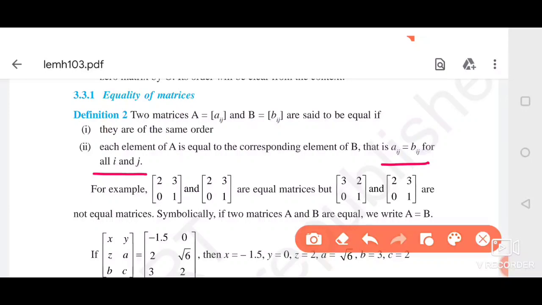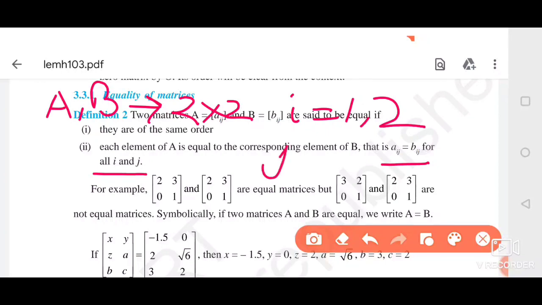So let us take an example. Suppose A and B are of order 2 by 2, then i will take the values 1 and 2. In the same way, j will take the values 1 and 2.